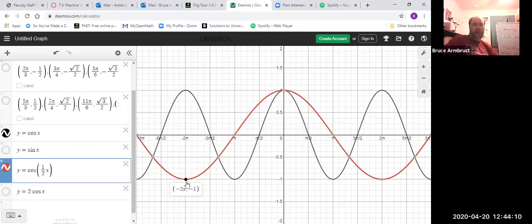This trough happens at -2 pi. The next trough happens at +2 pi. So that's a horizontal distance of 4 pi. So now our period is 4 pi. Again, take 2 pi and divide it by 1/2, you get 4 pi. So that B is just changing your horizontal stretch or compress, so that's changing our period.